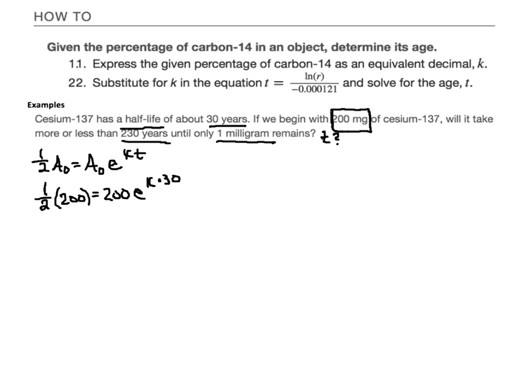So we're trying to find a value for k here. 1/2 of 200 is 100, equals 200 e to the 30k. Divide 200 off of both sides.